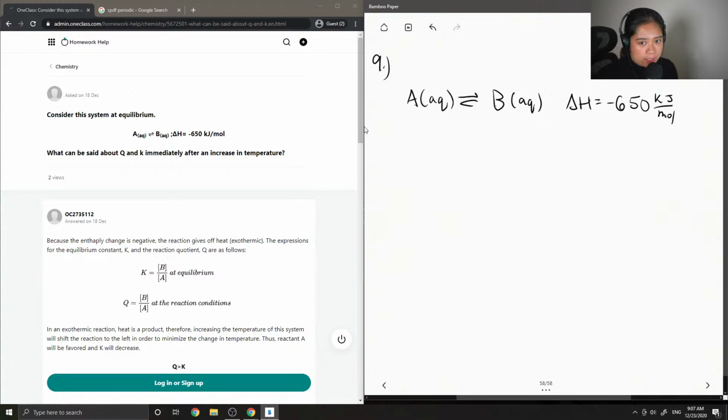Okay, so first let's kind of analyze our reaction. So delta H is enthalpy. So enthalpy is negative.